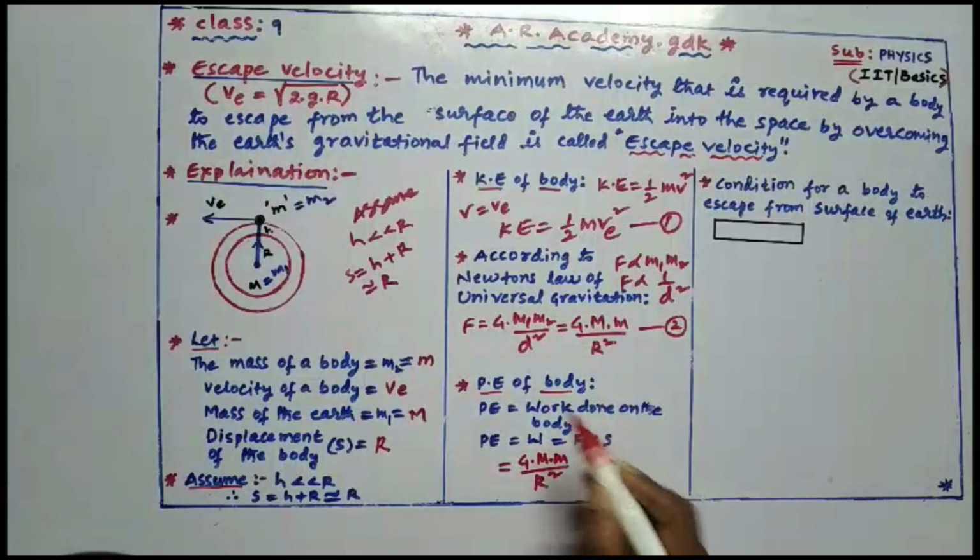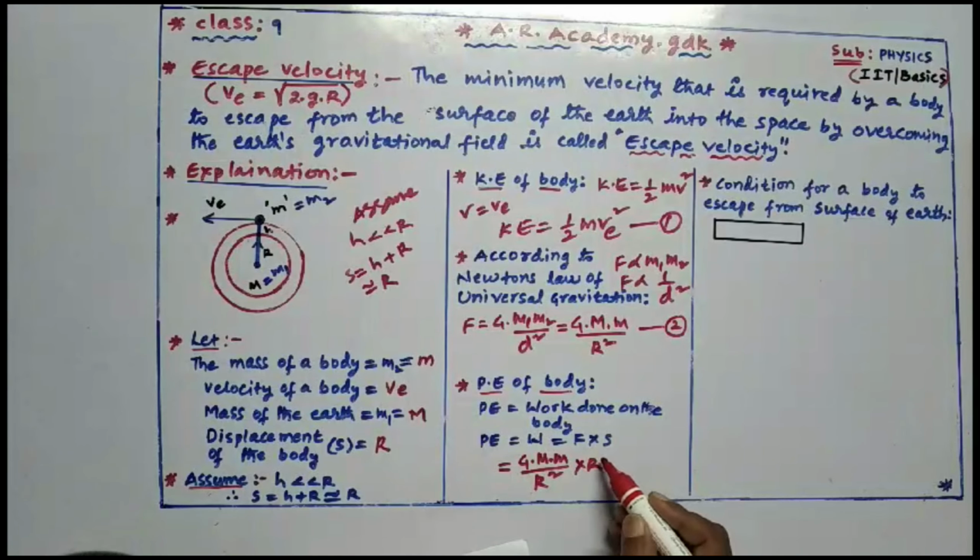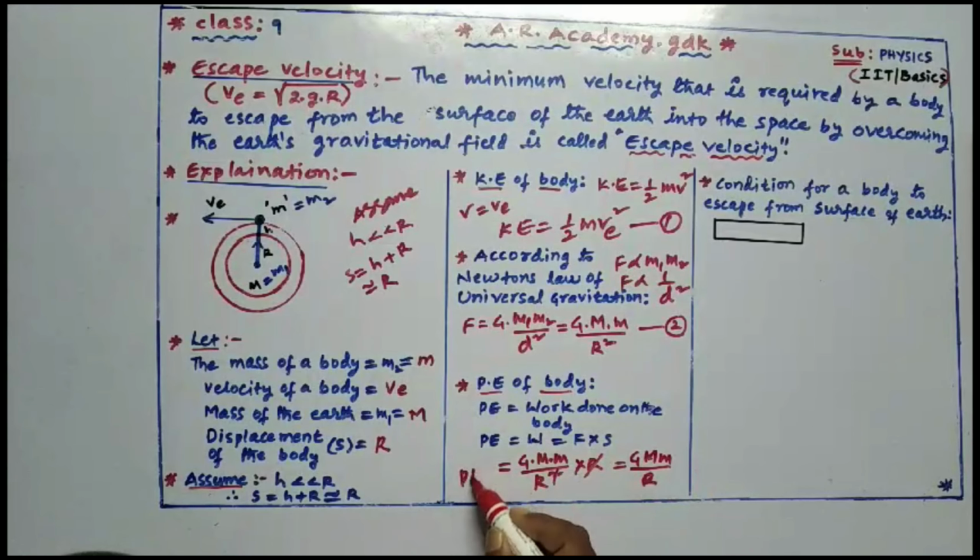Here displacement S equals R. This R and one R get cancelled. So this potential energy will become G M m by R.